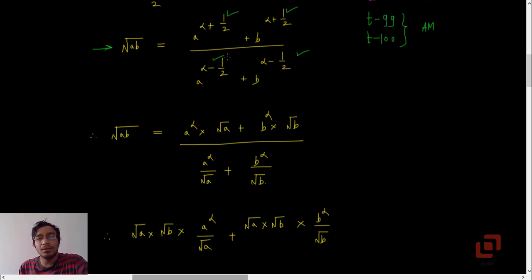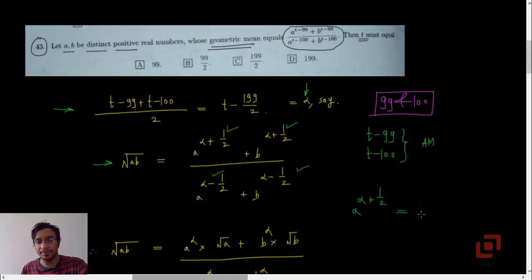So what I have done now is, instead of a raised to alpha plus 1 upon 2, which was originally a raised to t minus 99. Because alpha is t minus 199 upon 2, to get this 99 we must add 1 upon 2 to negative 199 upon 2.